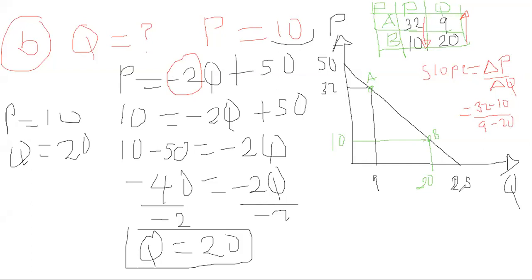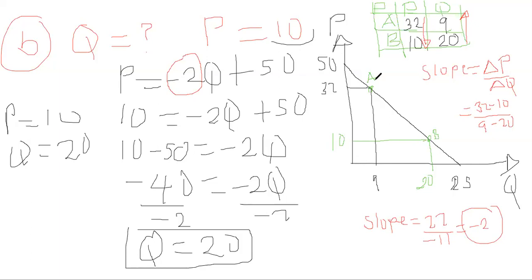So 32 minus 10 is 22, right? Over 9 minus 20, which is minus 11. So 22 divided by minus 11 will give you what? -2. So this is how this -2 came about.